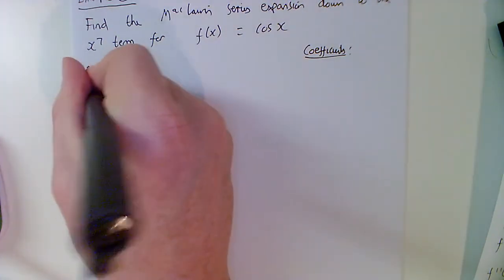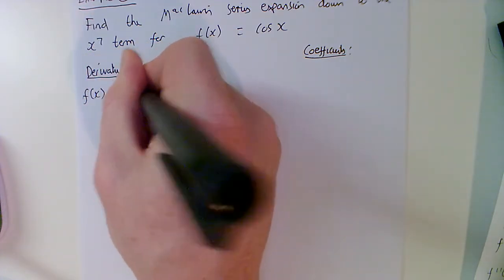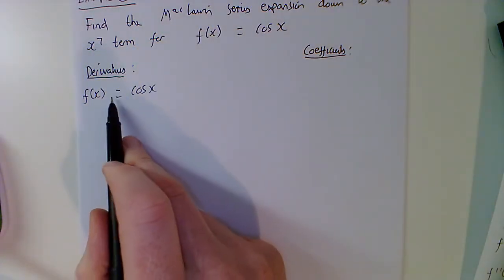Right, so f of x is cos x, so you always write the function first, you don't differentiate it.